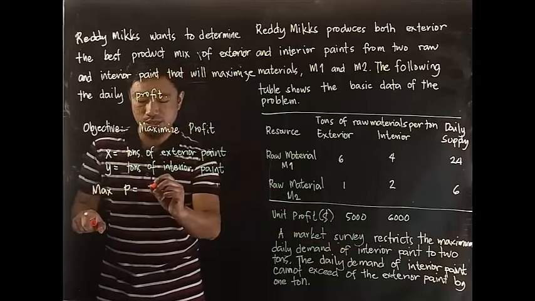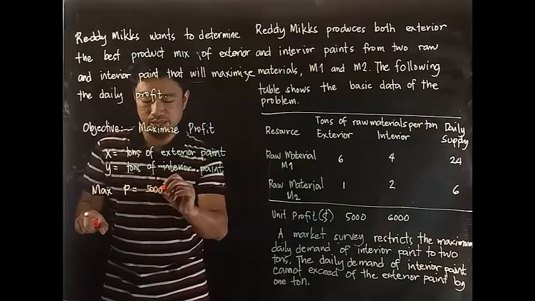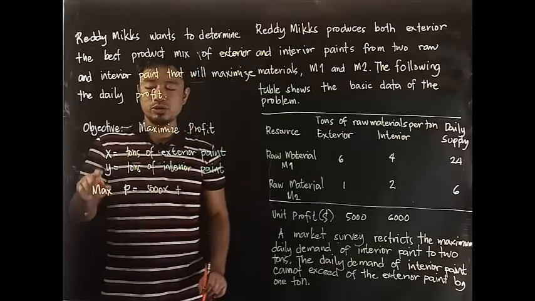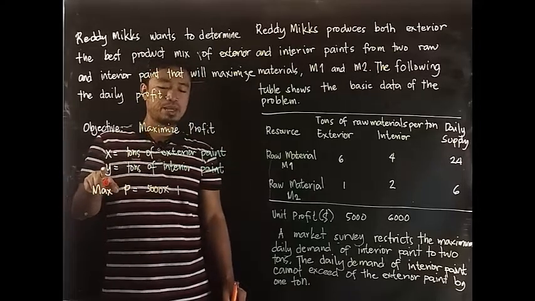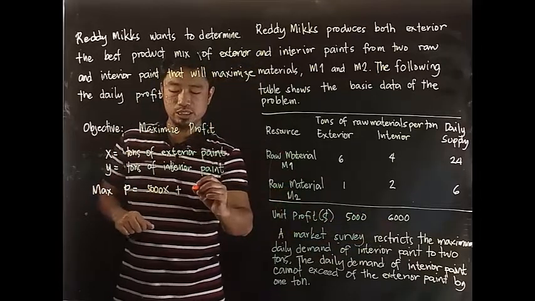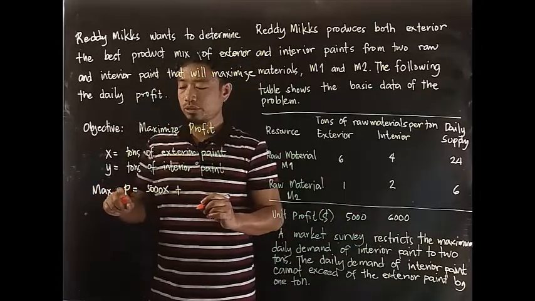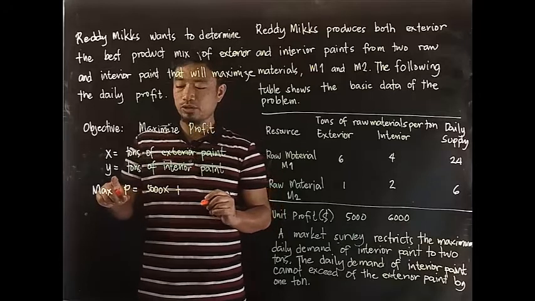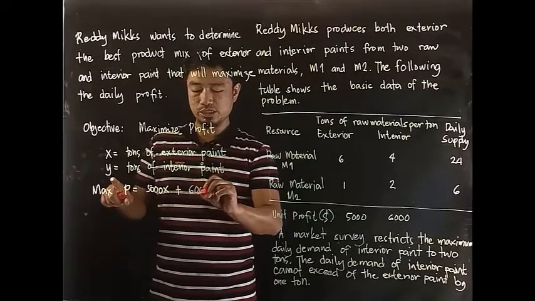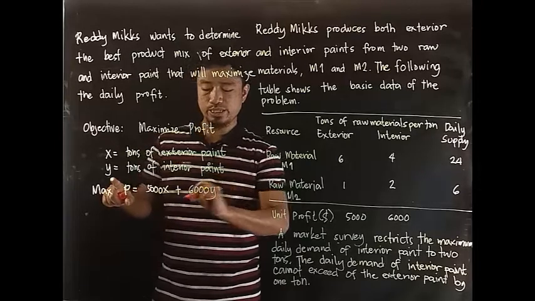So that is 5,000 X. Plus, for every ton produced of the interior paint, the profit is equivalent to 6,000. So the profit contribution of every ton of the interior paint is 6,000. So all in all, that's 6,000 Y.